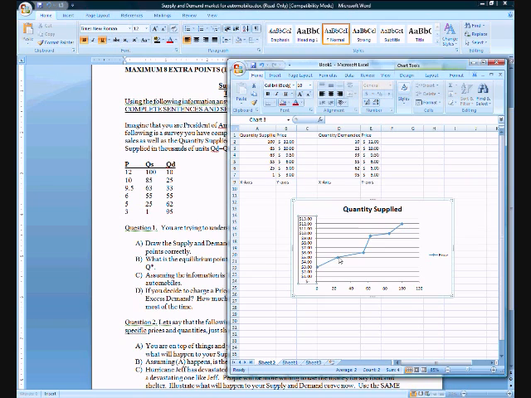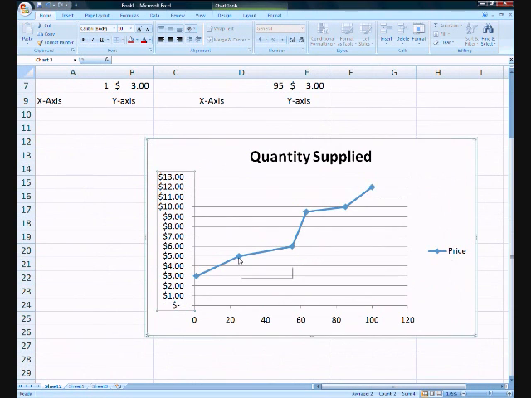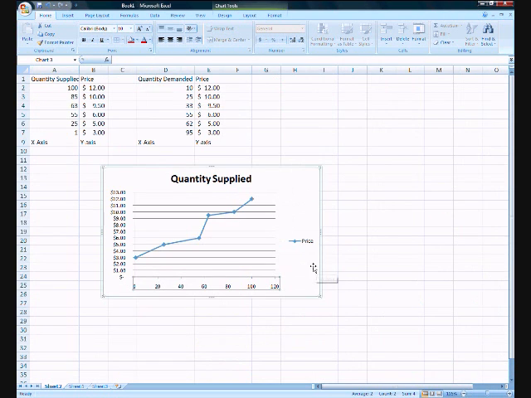Here we got when x is 25, when the quantity supplied is 25, the price will be $5. So basically, that's us plotting our points there. Let me make it even bigger so you can see it. So I just plotted all that. And when we are at $12, we supply 100. So first graph done.